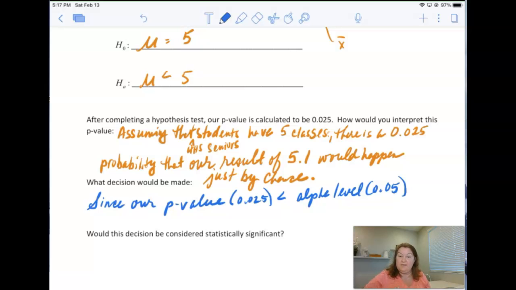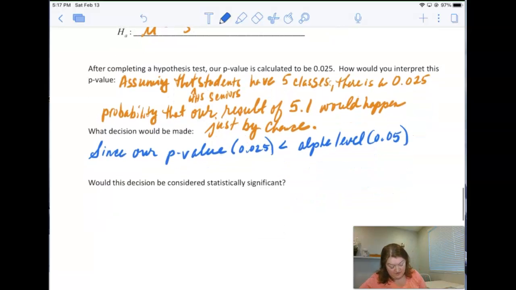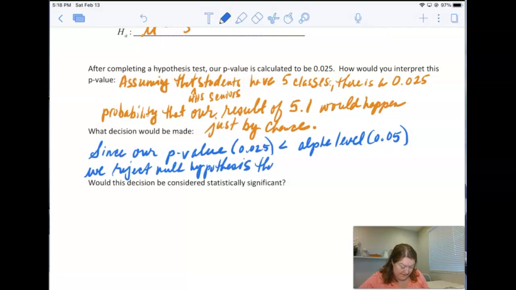What happens when the p-value is lower? We reject the null hypothesis that Hart High School seniors have 5 classes on average.